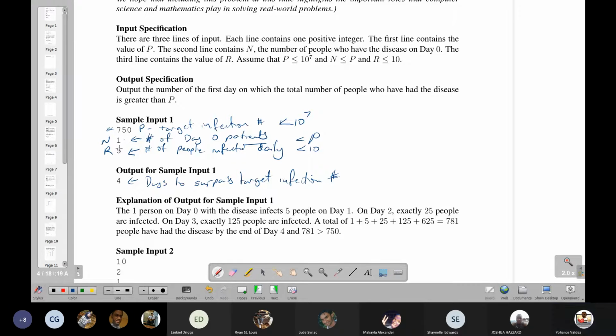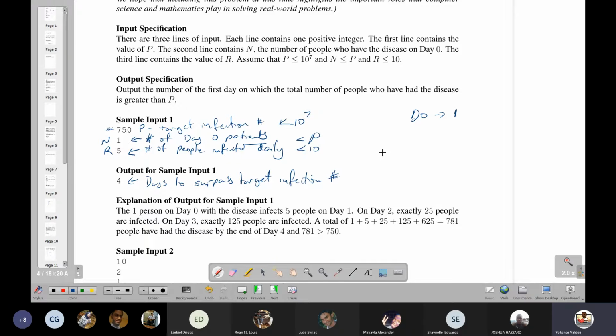So we go into the explanation. We start on day 0. Day 0, we have 1 person infected. On day 1, we have 5 new infections from that 1 person.